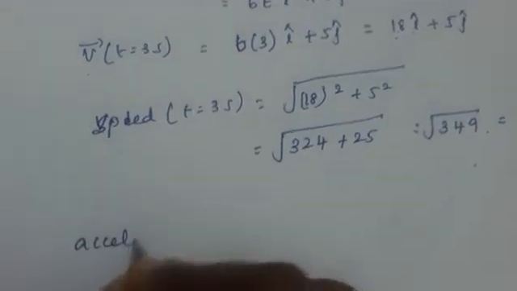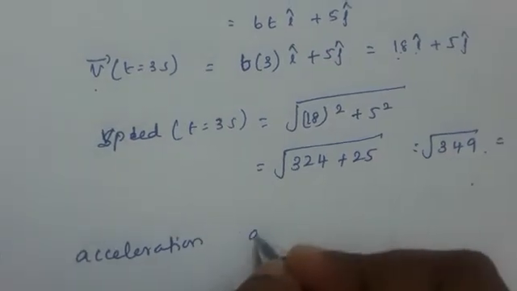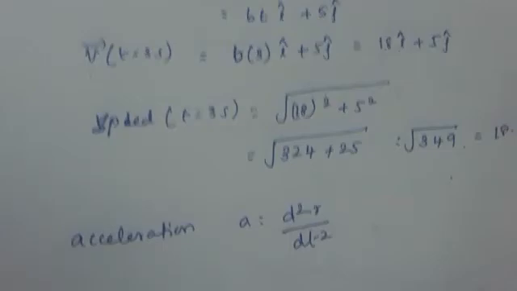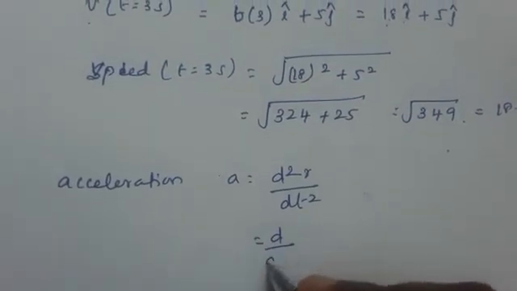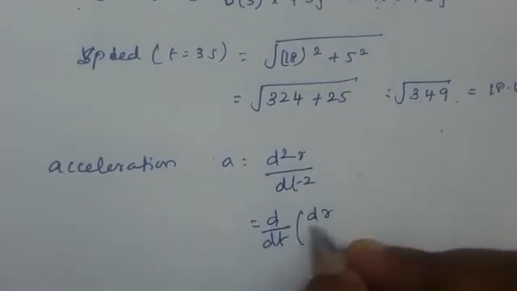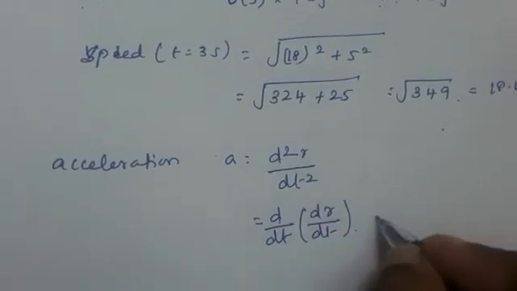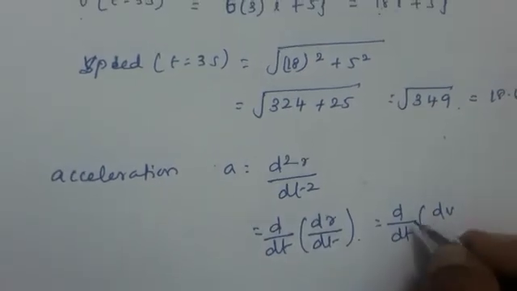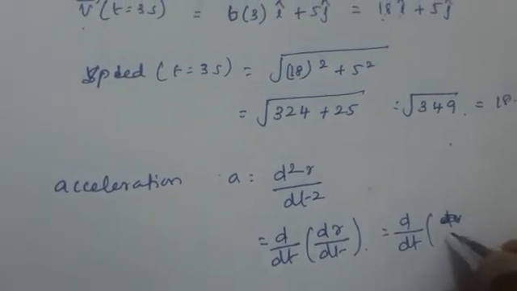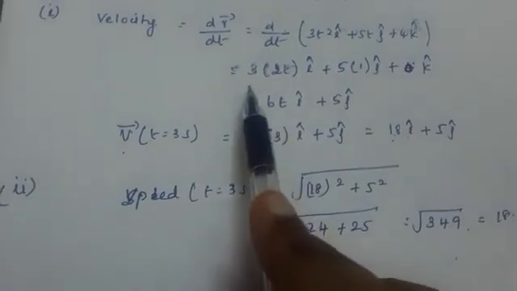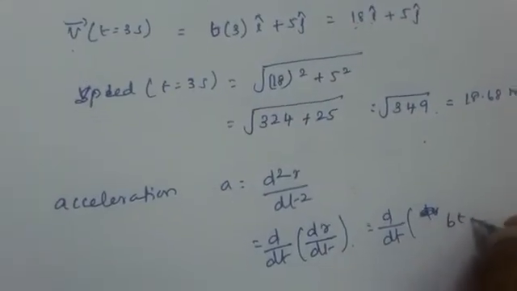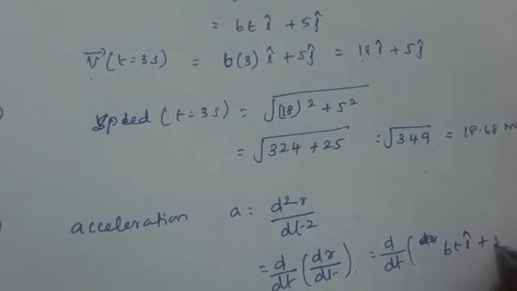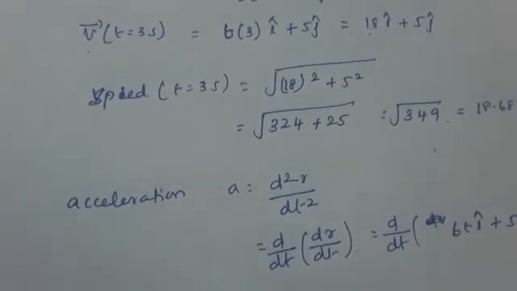So acceleration is equal to a is equal to d square r by dt square, or we can write d by dt of dr by dt, or d by dt of dv by dt. Here dr by dt we already found out, 6t i vector plus 5j vector. Now we are going to differentiate this again.